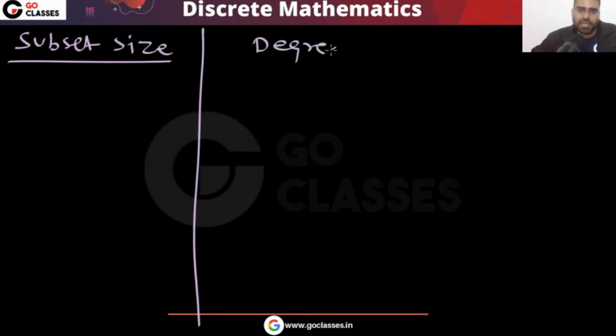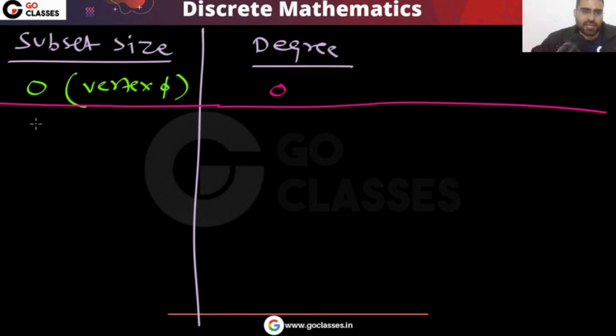If your subset size is 0, it simply means you have the empty vertex. So the degree is 0.